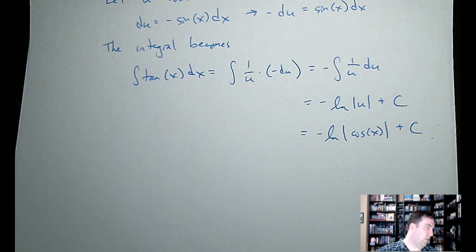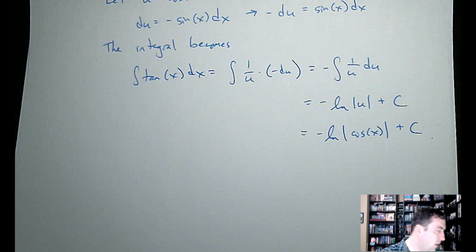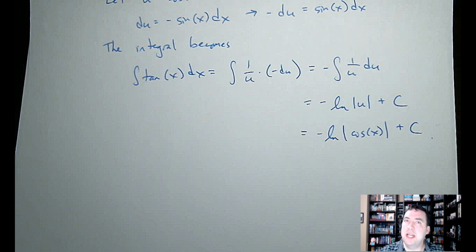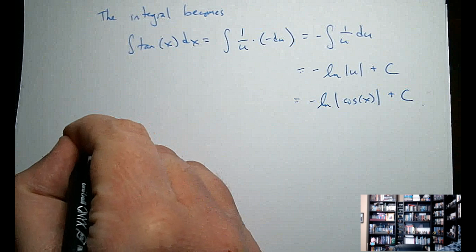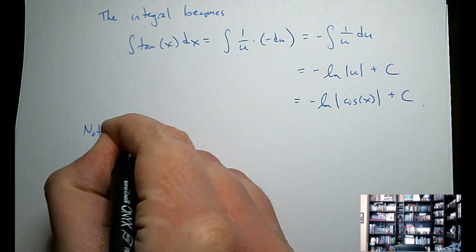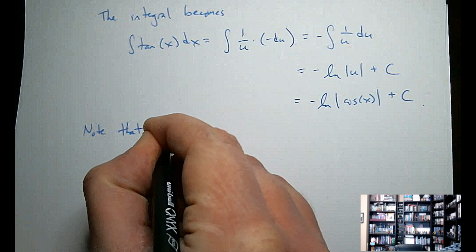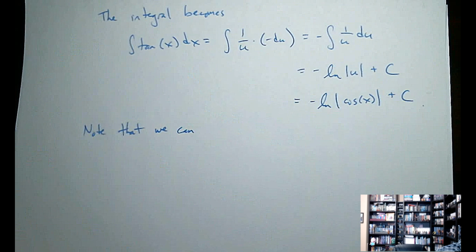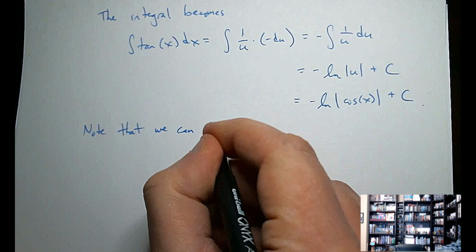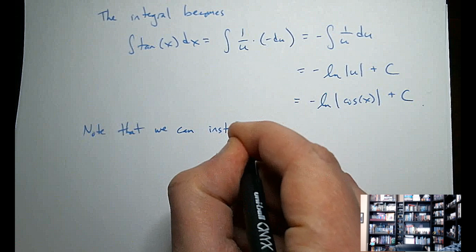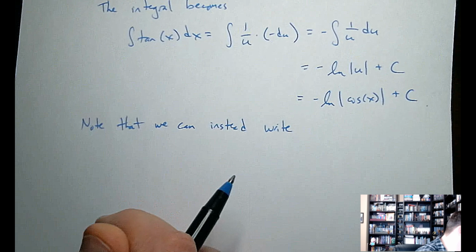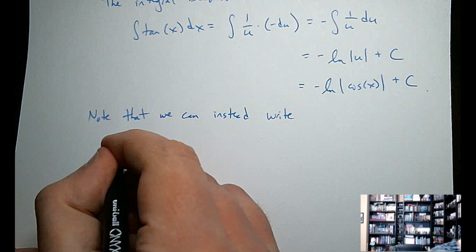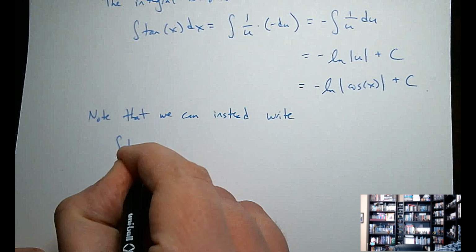Something else that's worth noting is that this one here, the integral for tangent, you'll sometimes see it in a slightly different form. So instead of writing it as I've given you here in the theorem, we could use our properties of logarithms. And remember, any constant in front of a logarithm can be brought inside as a power.